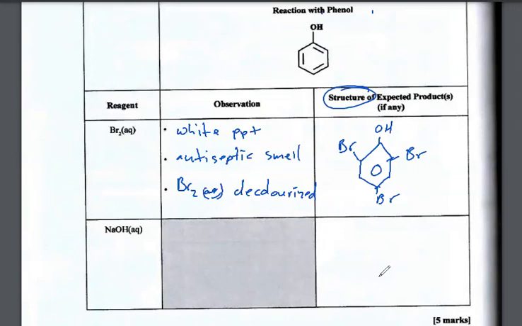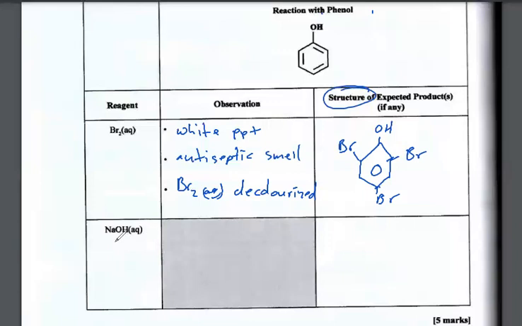And we use it in the coupling reaction with the diazonium salt. But apart from that, it's always these three reactions. So just know your observation, reagent, and all you need to do is draw the product. They are not interested in an equation.